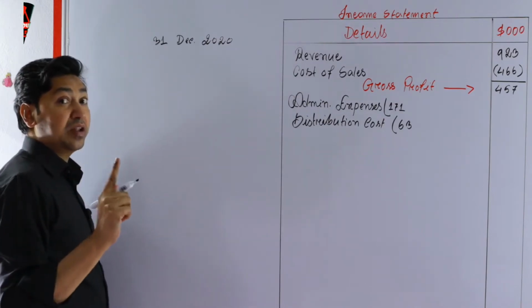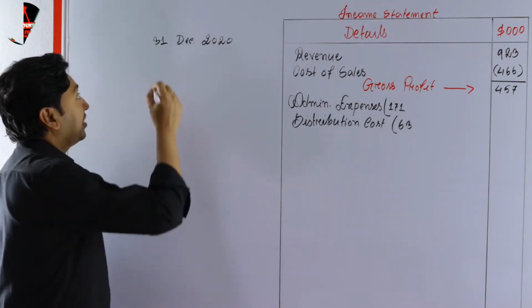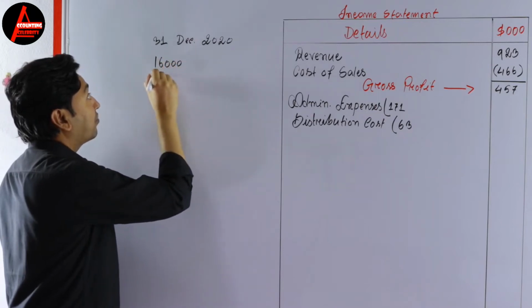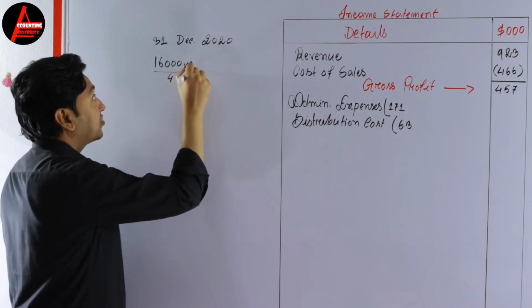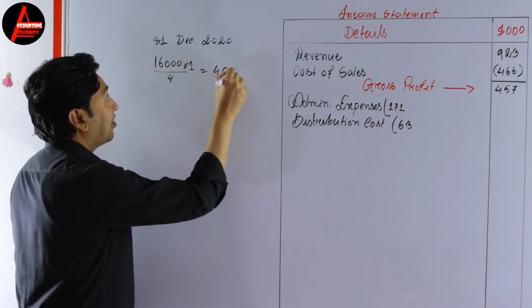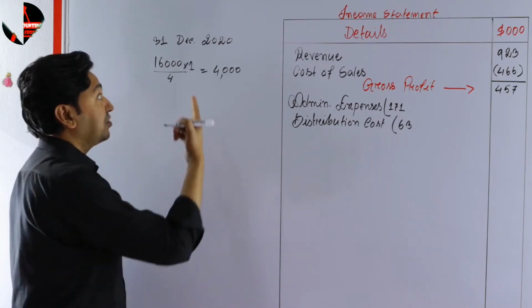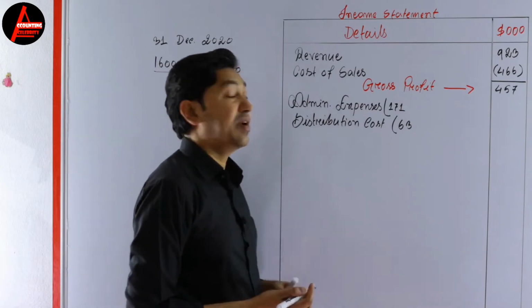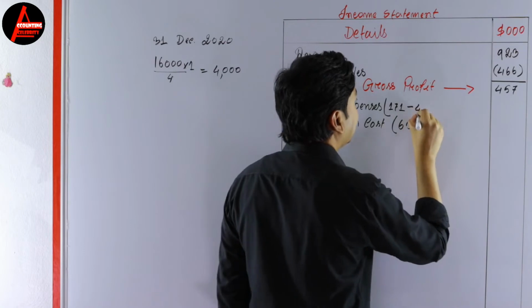So 1 month of insurance is paid in advance. Here $16,000 is paid for 4 months, so for 1 month it is $4,000. This amount is paid in advance. Now what to do? This amount has to be subtracted from the administrative expenses. So let us minus here $4,000.